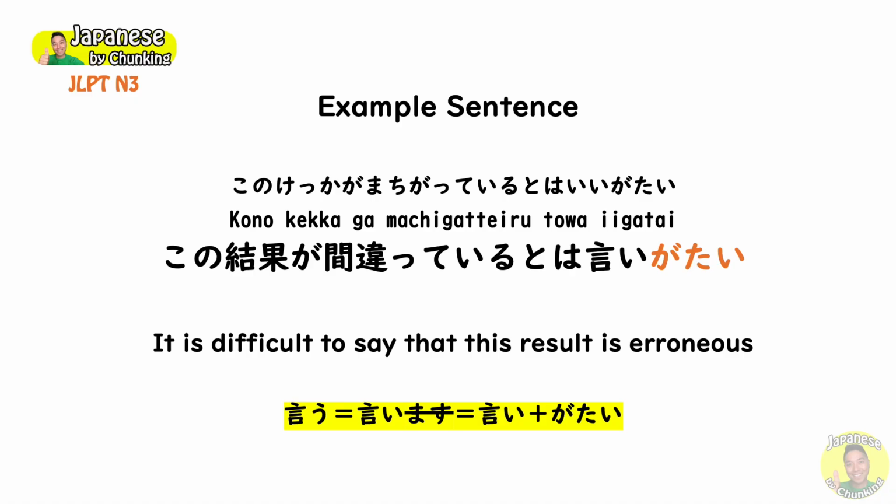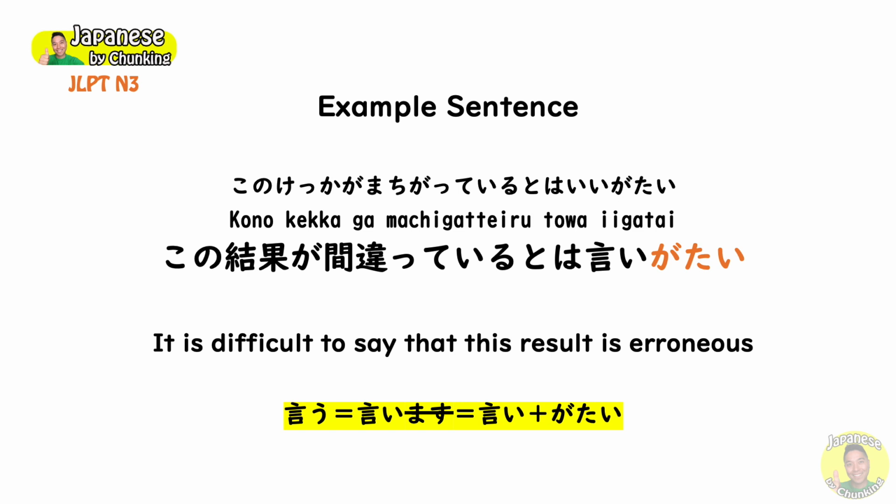次の例文です。この結果が間違っているとは言いがたい。It's difficult to say that this result is erroneous.